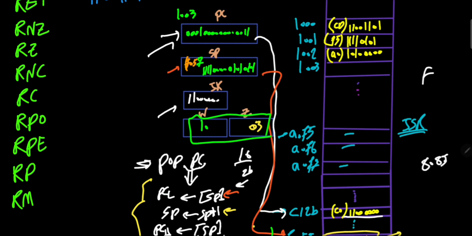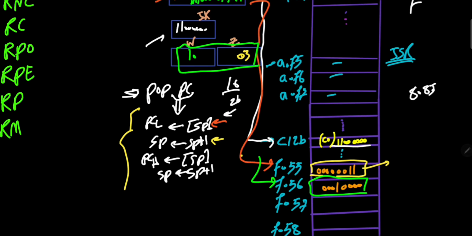Obviously, if you only want to understand what happened, you could just directly say what is happening, but we are just working with the WZ registers. So again, with the same logic, we have an address in these 2 bytes. We have the values of 03 here and 10 here.